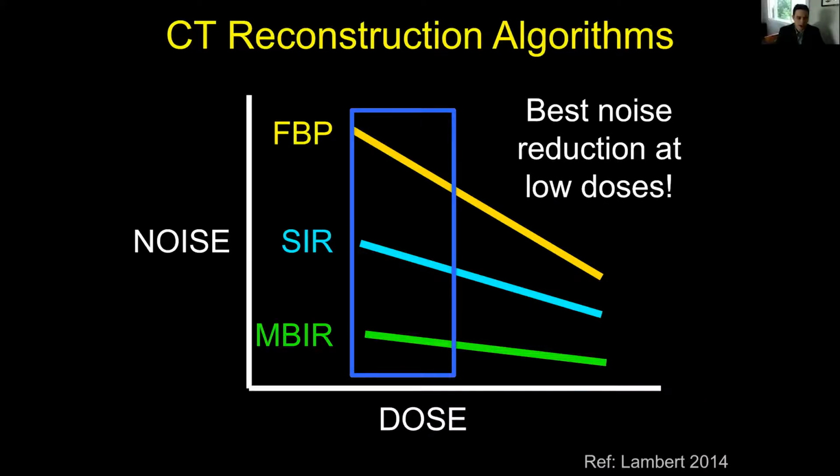If you have high dose, that difference is not as great because all of those lines converge as you go out on the graph. Meaning, at high doses, you're not going to be able to tell the difference between these reconstruction methods. That these fancier reconstruction methods really earn their keep when you've lowered the dose, but you had to make that choice.